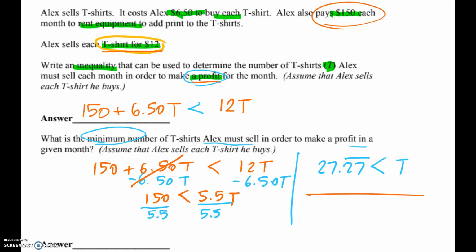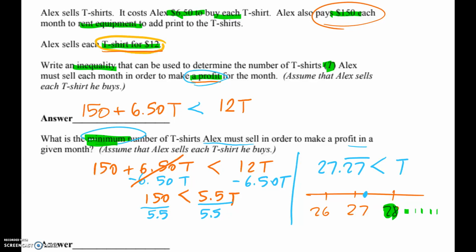So on the number line, 27 is here, and 26 is here, 28 is here, and 27.27 is somewhere here, right? And your number T is actually greater than 27.27. So 27.27 is less than T, in other words. So we are looking for the minimum number of T. It can be 28 or bigger, right?